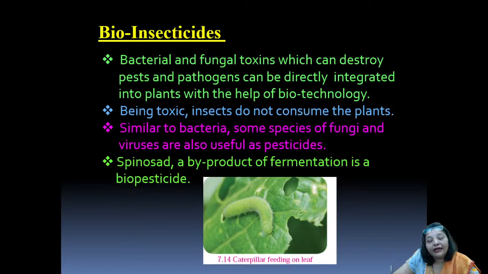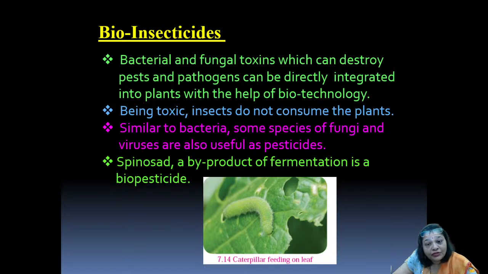That is why the field of agriculture is turning towards biotechnology, a new field where bioinsecticides are being preferred. They are being produced so as to reduce the use of chemical insecticides.